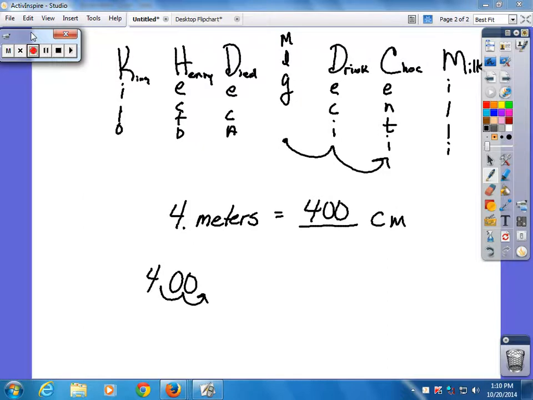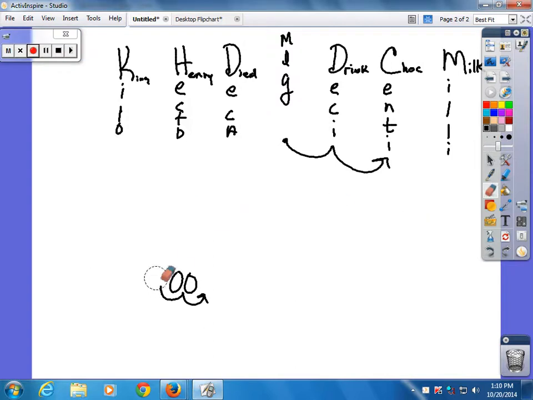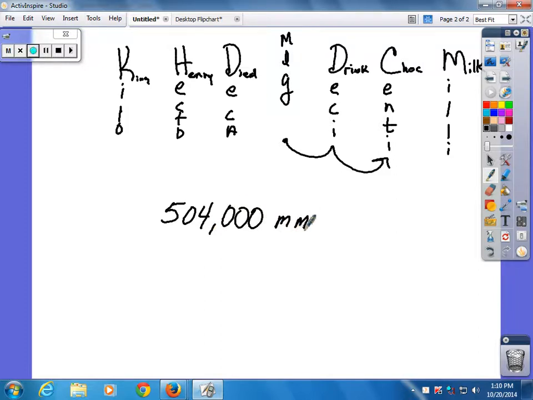All right, so let's do 504,000 millimeters equals blank kilometers. Notice negative, please. 504,000 millimeters.